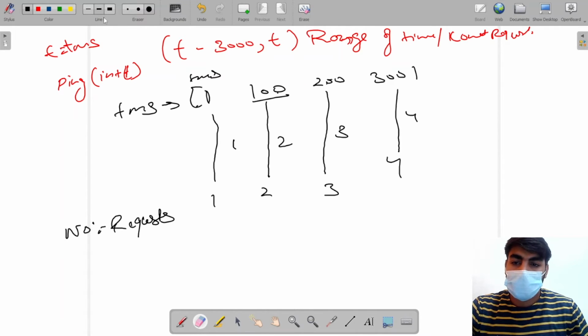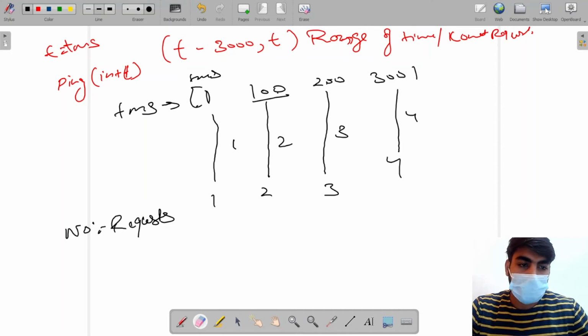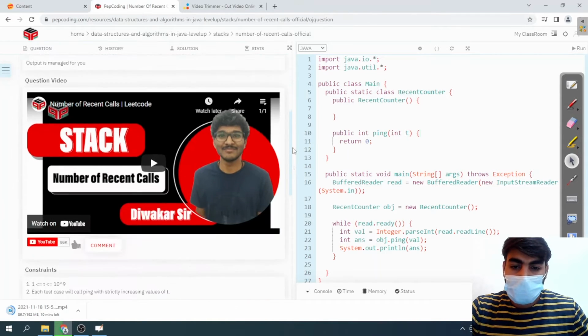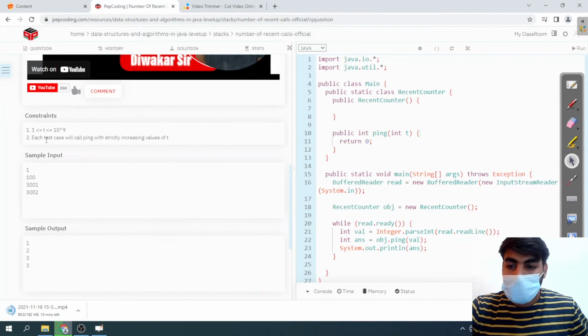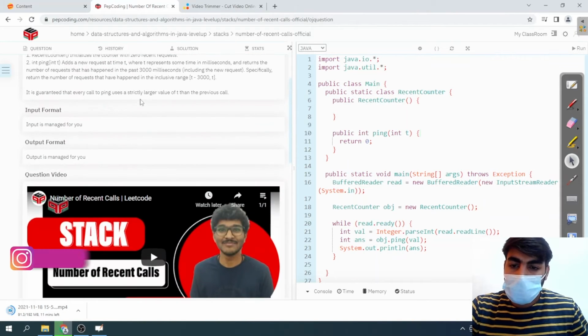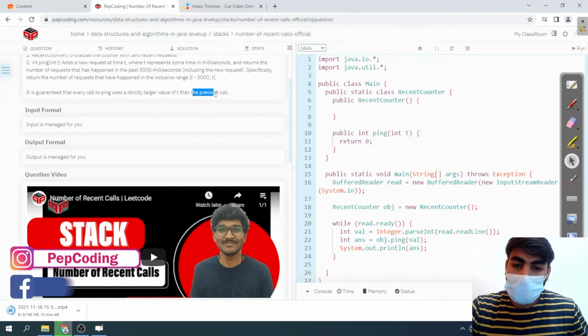So now let's talk about a constant that is given in our question. Each test case will call ping with strictly increasing value of t, and same thing they are writing here, larger value of t than the previous call.